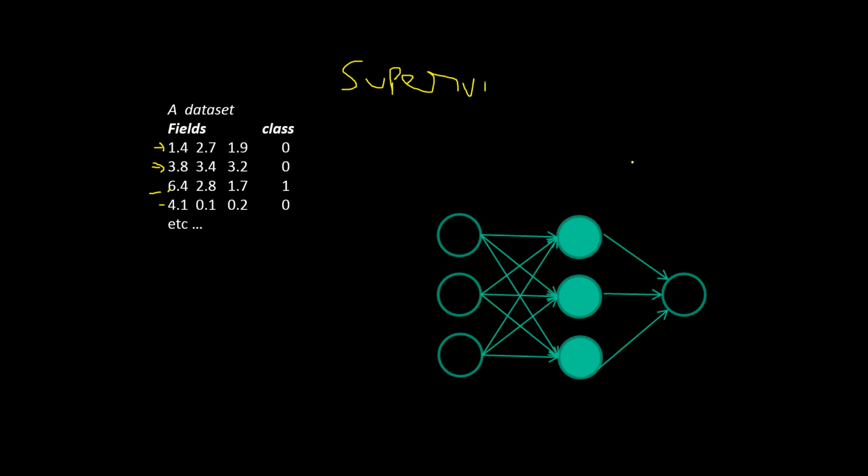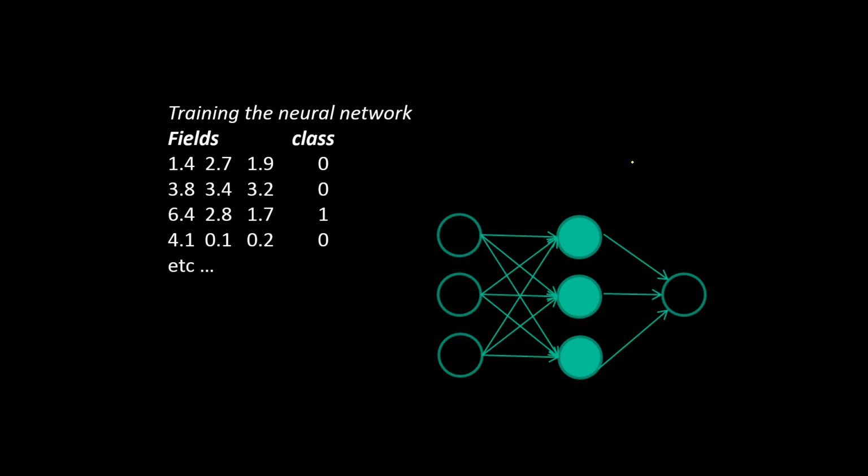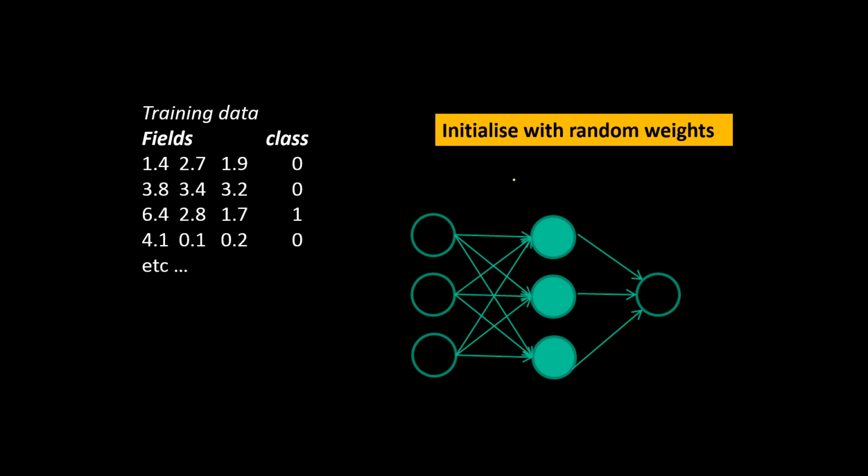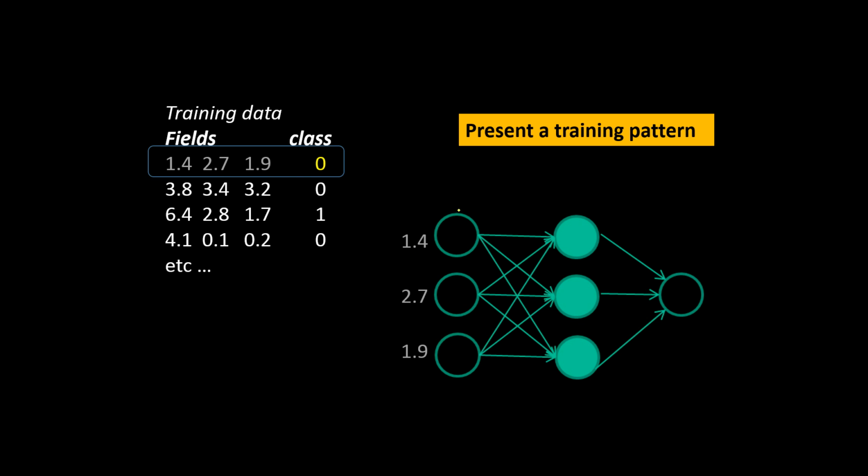So now how will we train the neural network? First we'll initialize with random weight values here. Once we have initialized the weights, we'll take the first example and feed it here. This input will go here, and we'll do the computation as we discussed earlier.